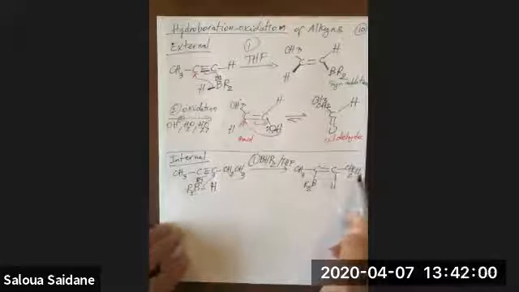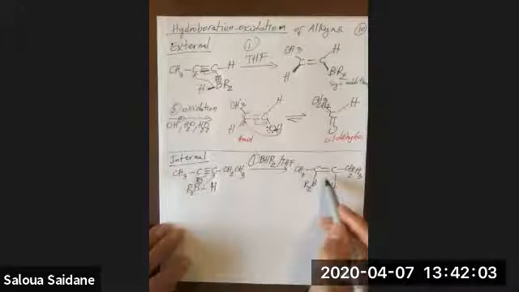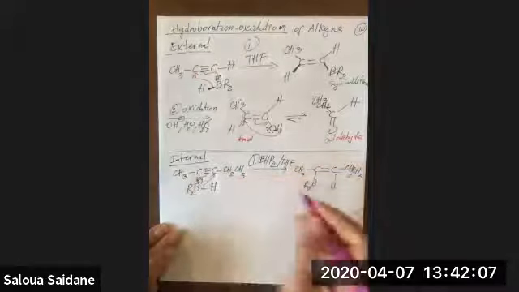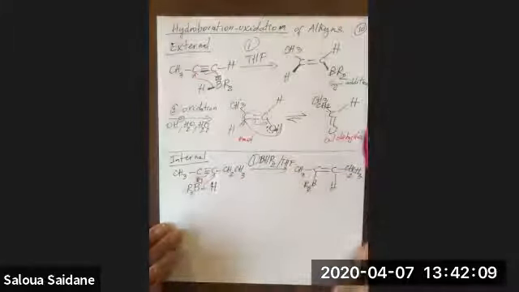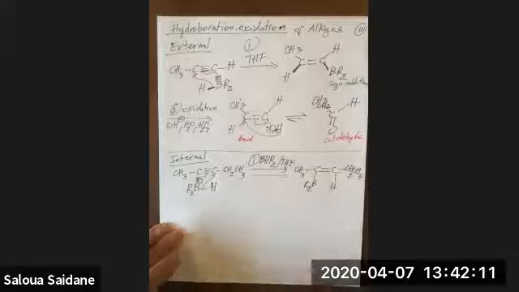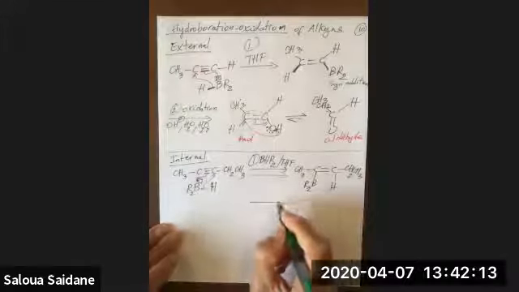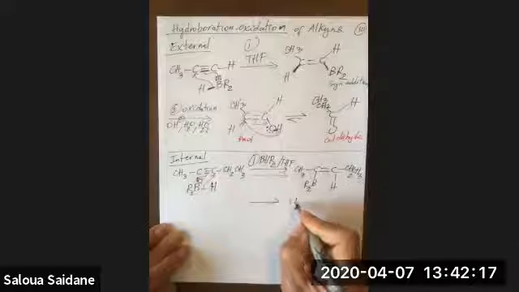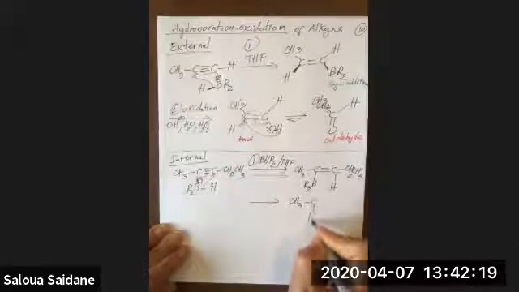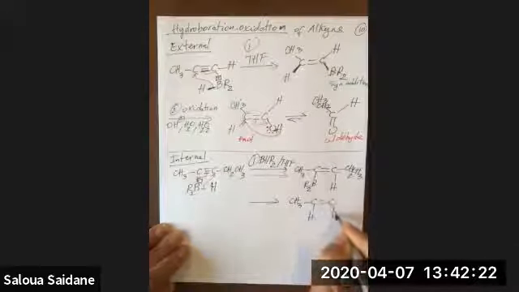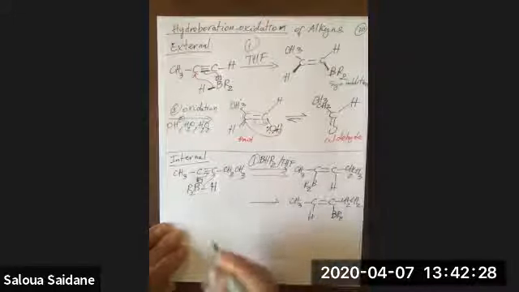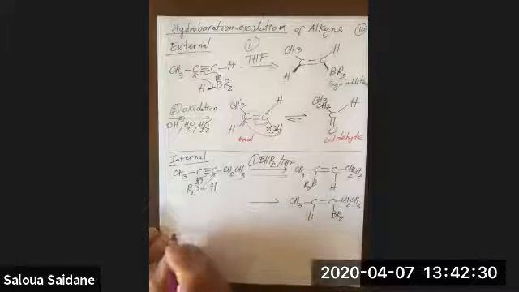But not exactly, because you will have a little bit more of this. So here I'm doing this side, but we can also have, with less amount, the boron sit on this side, and so you're going to have CH3, CH, C, BR2, CH2, CH3.